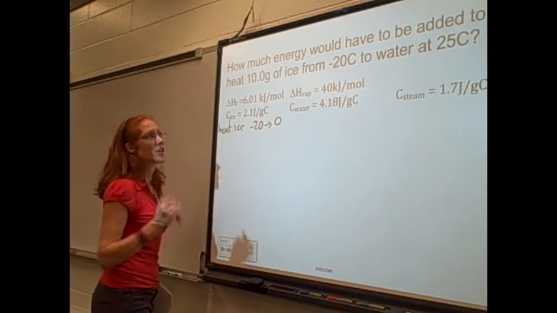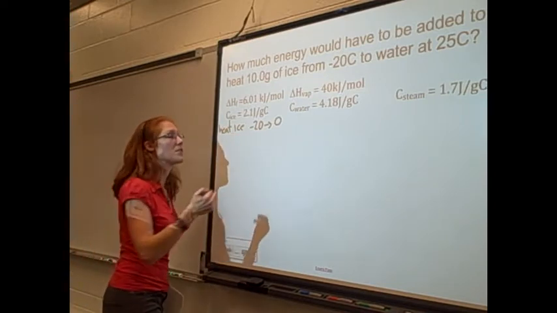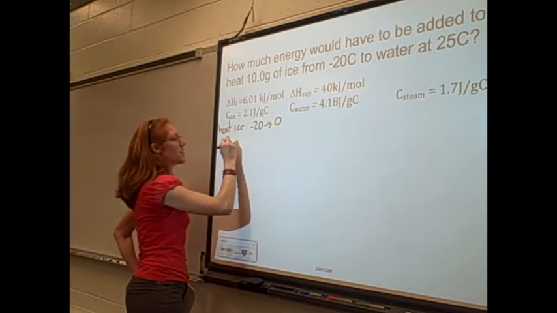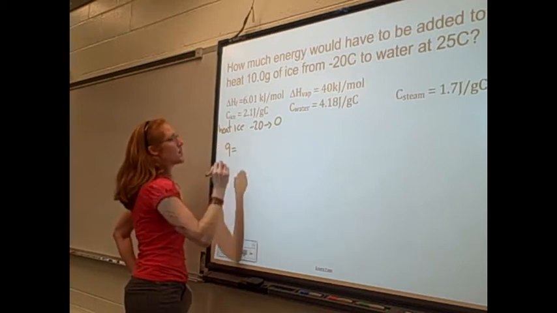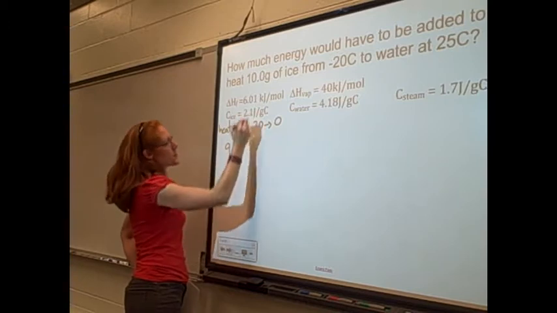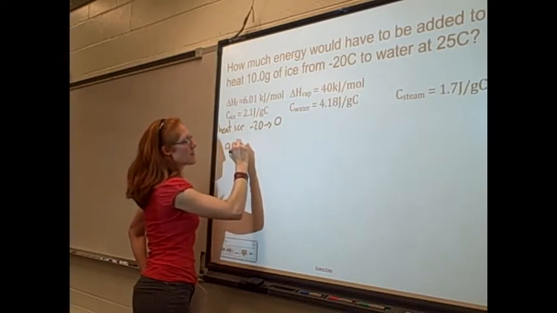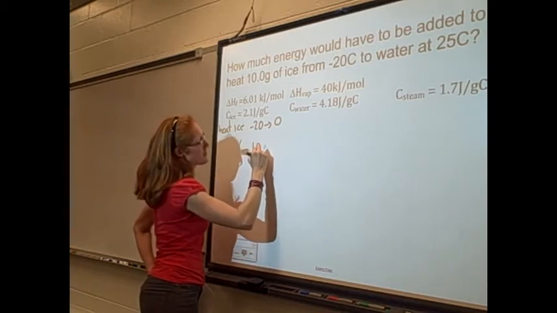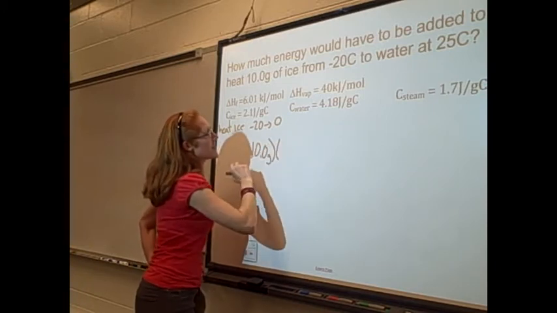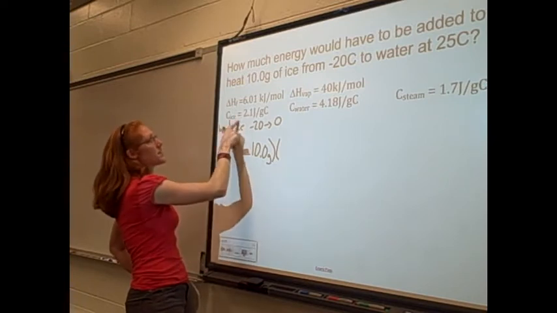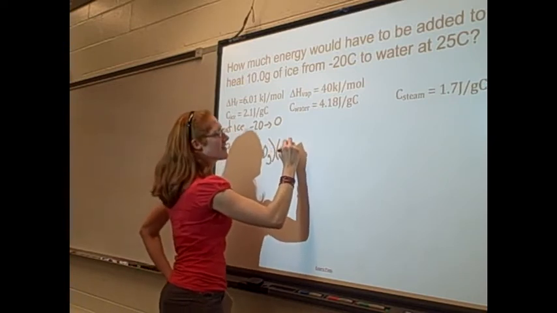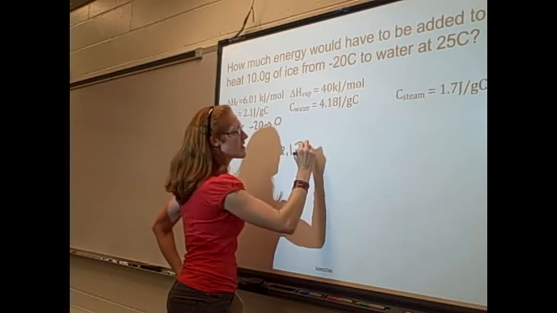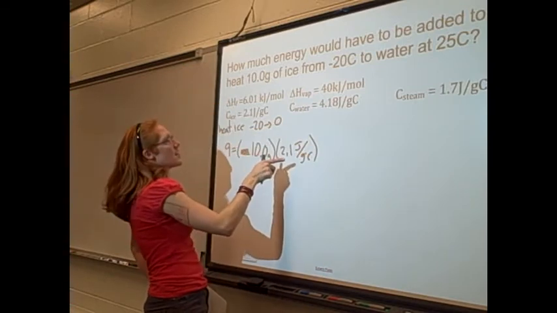So I can see that I'm changing the temperature, which means I'm going to use Q equals MC delta T. So the joules I'm going to use, Q equals the mass, which was 10 grams. The C, the specific heat of ice, 2.1 joules per gram degree Celsius, times the change in temperature.